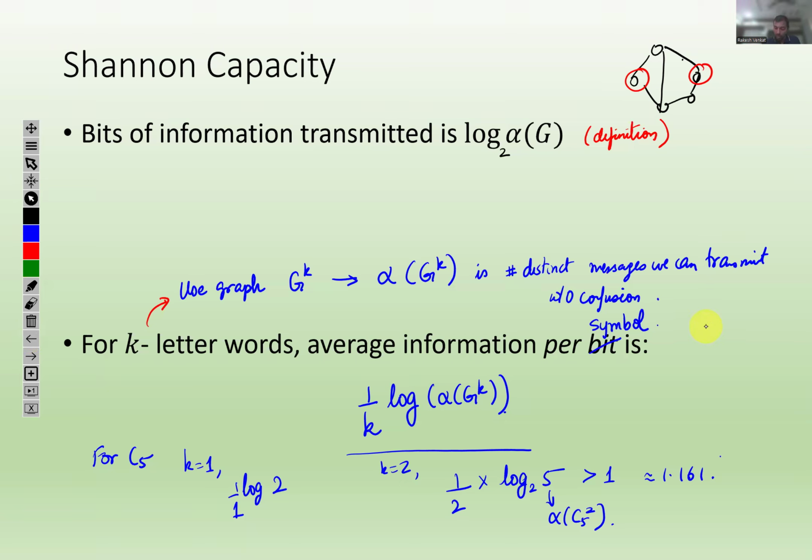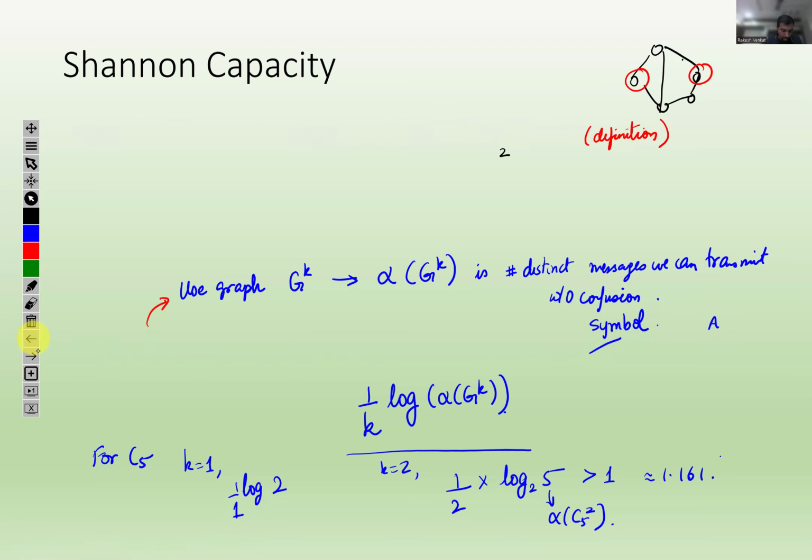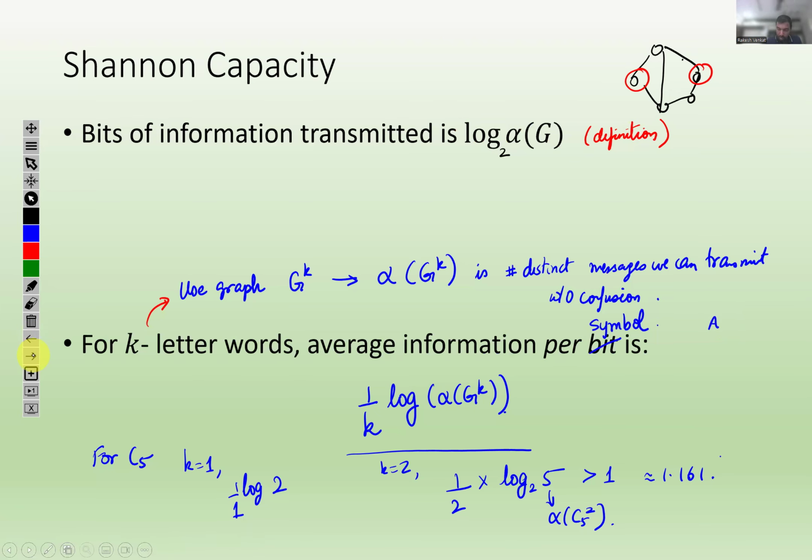So for instance, let me write out the C5 confusion example again, which is BC, CE, DB, and ED.